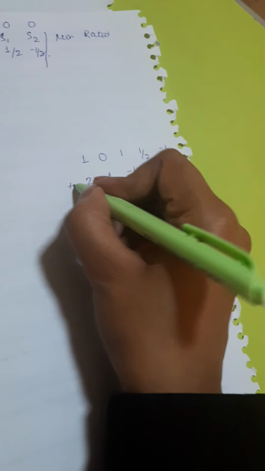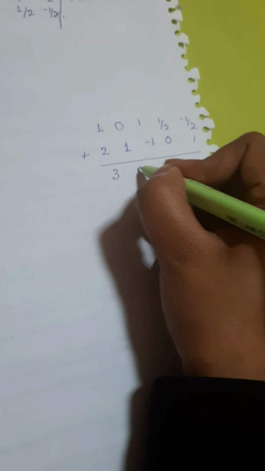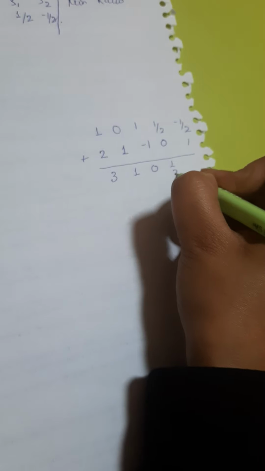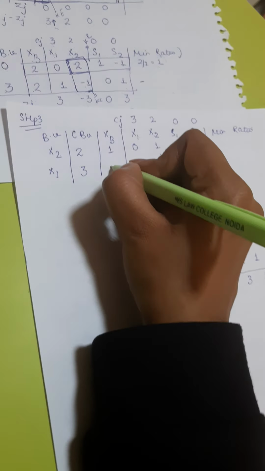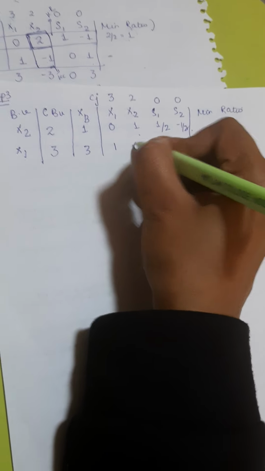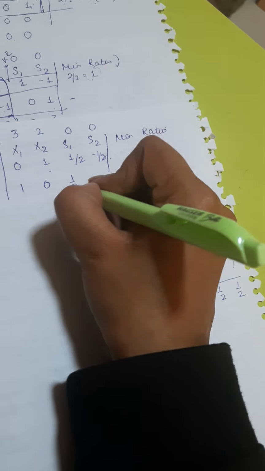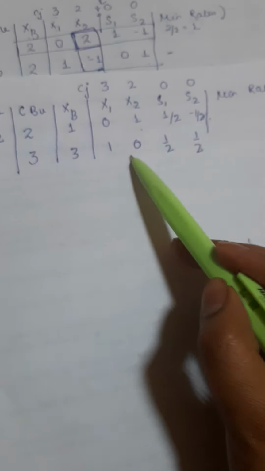Now can we add these two? Write it here: 3 1 0, 1 by 2 and 1 by 2. The numbers above and below the intersecting element should be 0, so we make it 0.